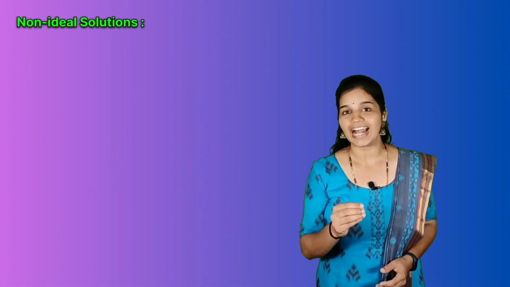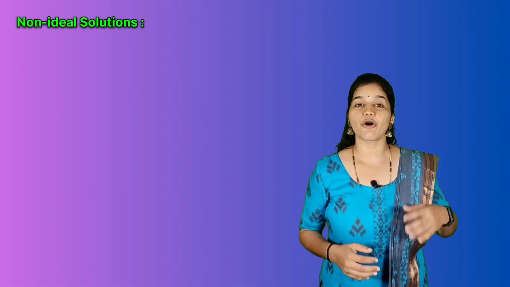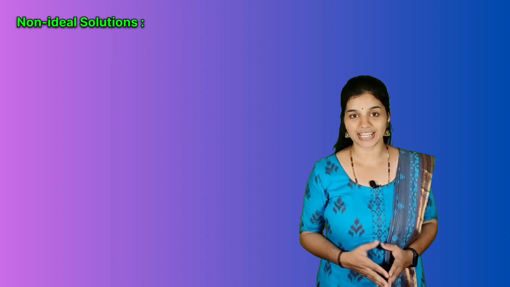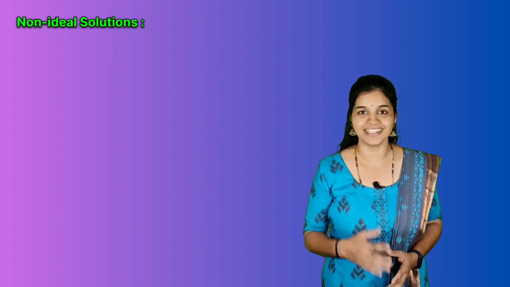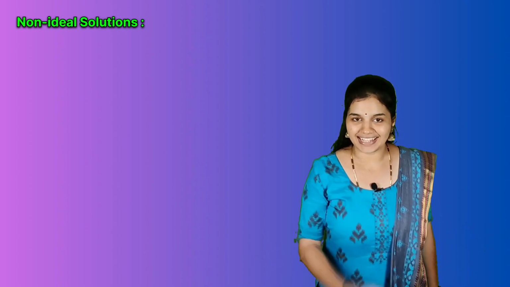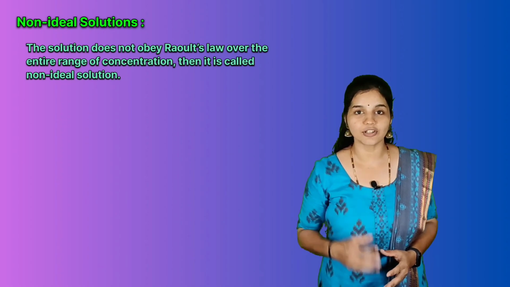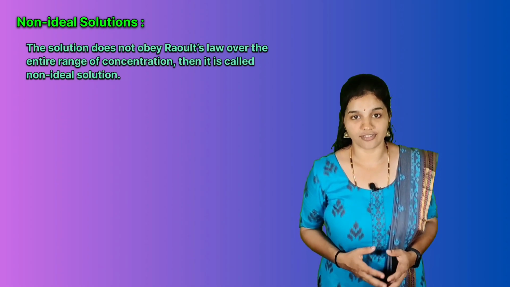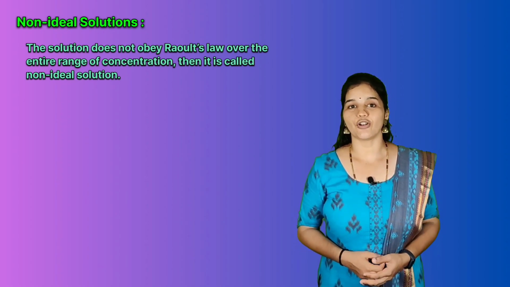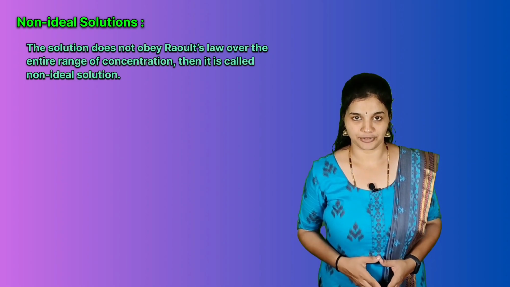Ideal solutions are the ones which obey Raoult's law over the entire range of concentrations, isn't it? So what are non-ideal solutions? Exactly, when a solution does not obey Raoult's law over the entire range of concentration, it is called a non-ideal solution.